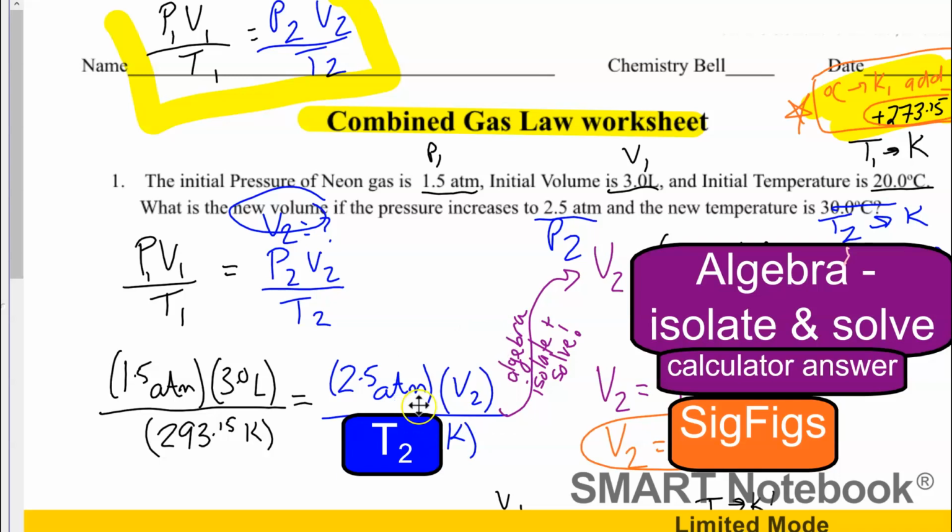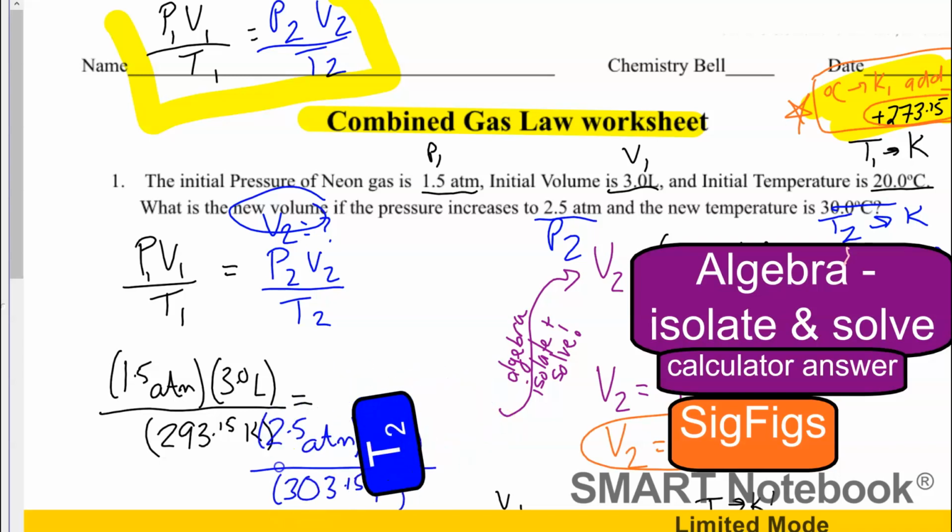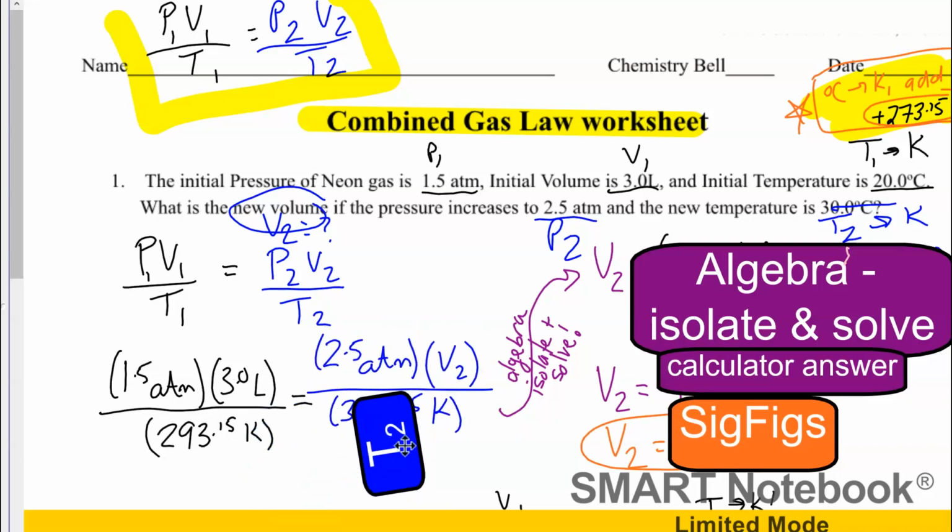V2 is an unknown, and T2, wow, T2 is not cooperating. T2 is 303.15 Kelvin. Okay, so this might look a little bit scary at first, but all we have to do is do some algebra to isolate and solve.